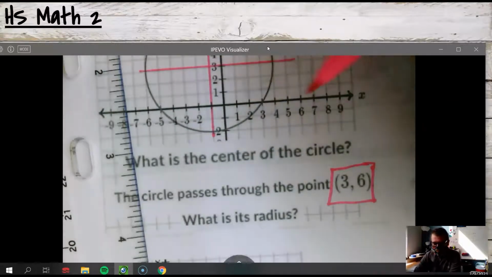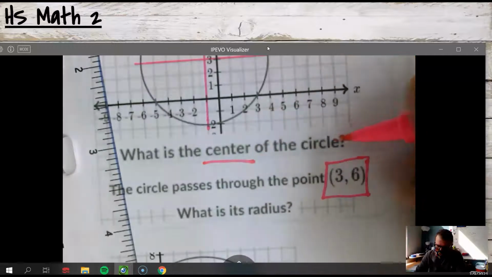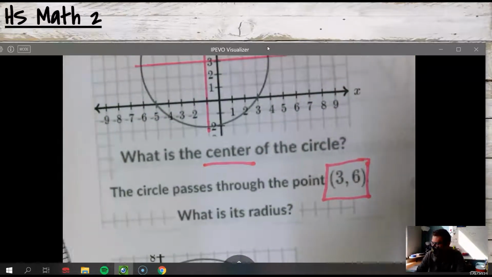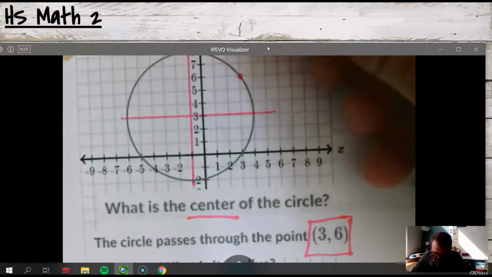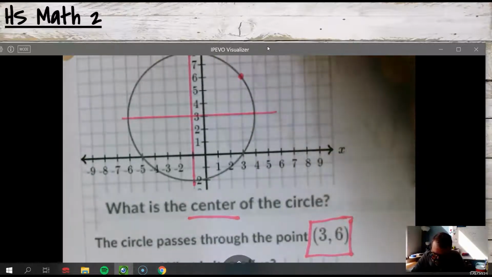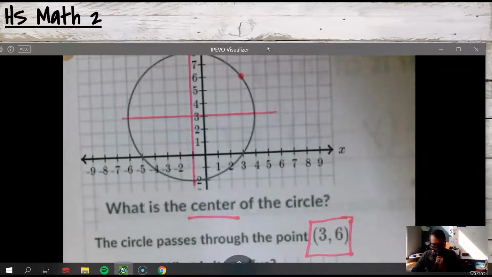So all we're looking at here is what is the center of the circle. They gave us a circle, and we know the center is the point equidistant from all of the sides. And this circle is nice, right? We could go ahead and somewhere say this is a nice circle. How do you know that the horizontal line was splitting it evenly?